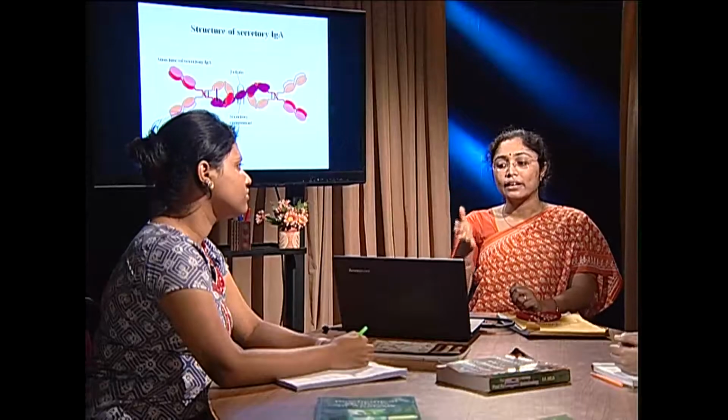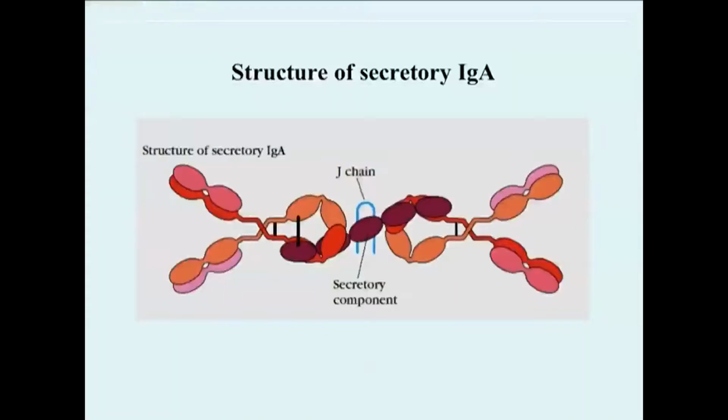And IgA is a major secretory immunoglobulin. IgM is found in less amount because of its large size. It can't diffuse well, but you can find a small amount of IgM in all secretions. However, IgA is the major component of secretory immunoglobulins.